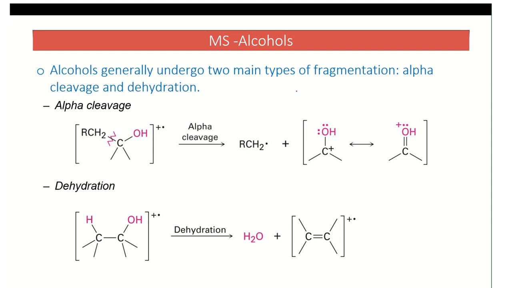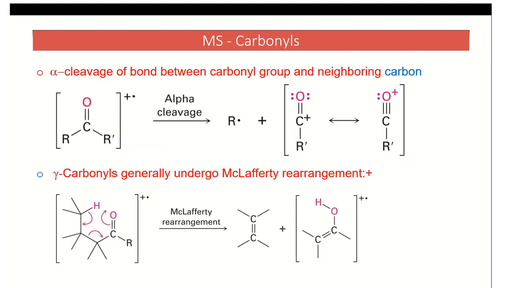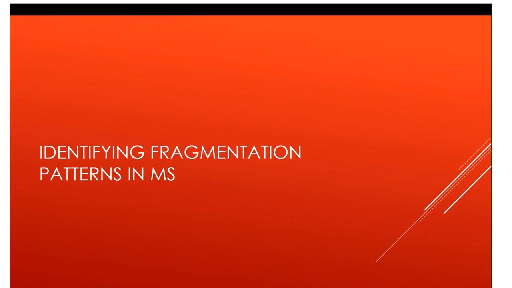There's also alpha cleavage that can occur. Remember, alpha cleavage is the loss of a group that's close to where your functional group is. So identifying these fragmentation patterns takes practice.